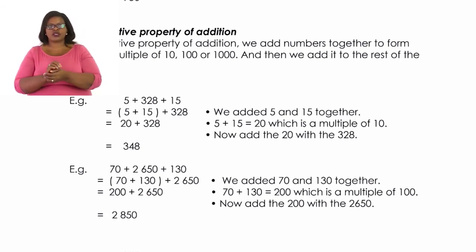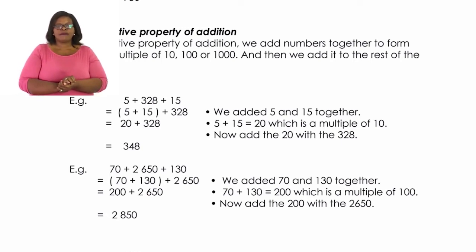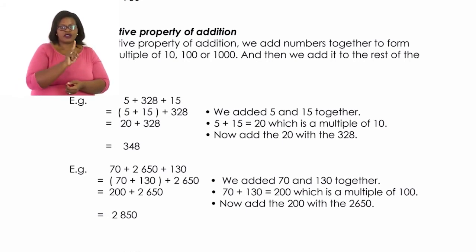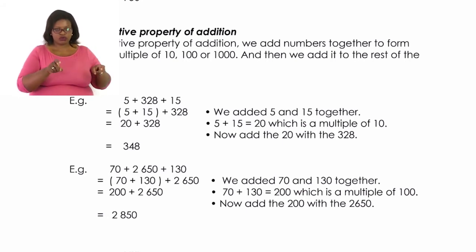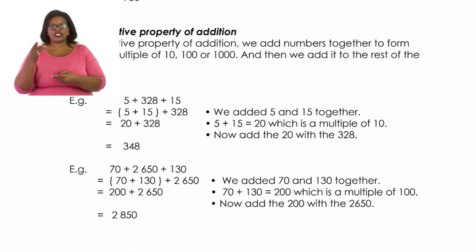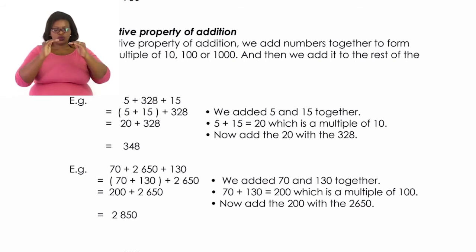So here I will group the 5 and the 15 together. And as you see in our example, we put 5 and 15 in brackets plus 328. 5 plus 15, if I add it together, that gives me 20, and 20 is a multiple of 10. And then we say 20 plus 328, and when I add it together, that will give me 348.